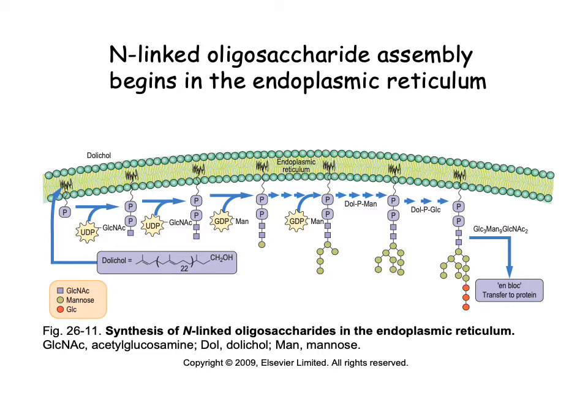Okay, I just want to point out briefly a little bit of a difference between N-linked oligosaccharides and O-linked. This shows the synthesis of an N-linked oligosaccharide, and the way this is done is to anchor it on the inside of the endoplasmic reticulum, and once it's made, then it's transferred to the protein that has just come across the membrane of the ER.